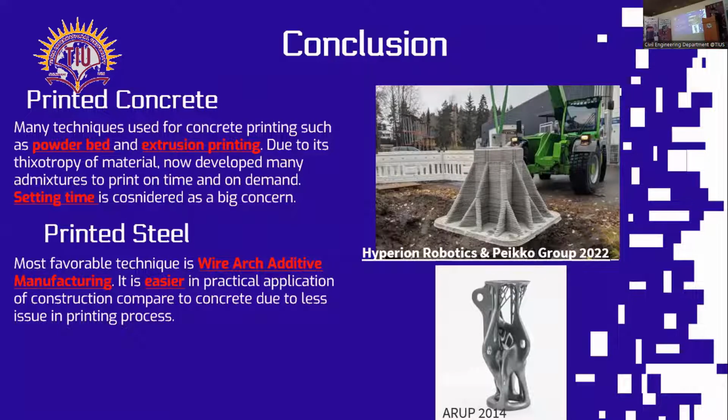I just want to pick up all in one conclusion. For 3D printing, one of the colleagues asked why 3D printing is different from other kinds of casting. Yes, it is different. As you see in this figure, Hyperion Robotics and Pico Group built a foundation or footing for electrical transmission poles, and they are optimized.